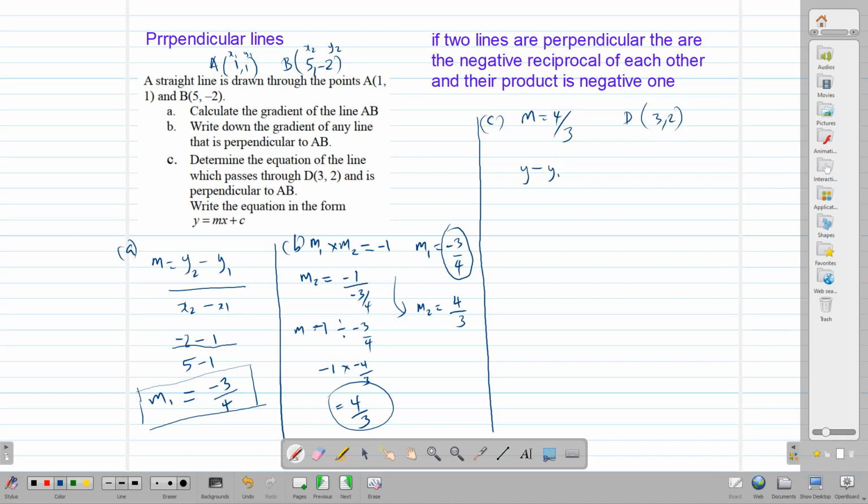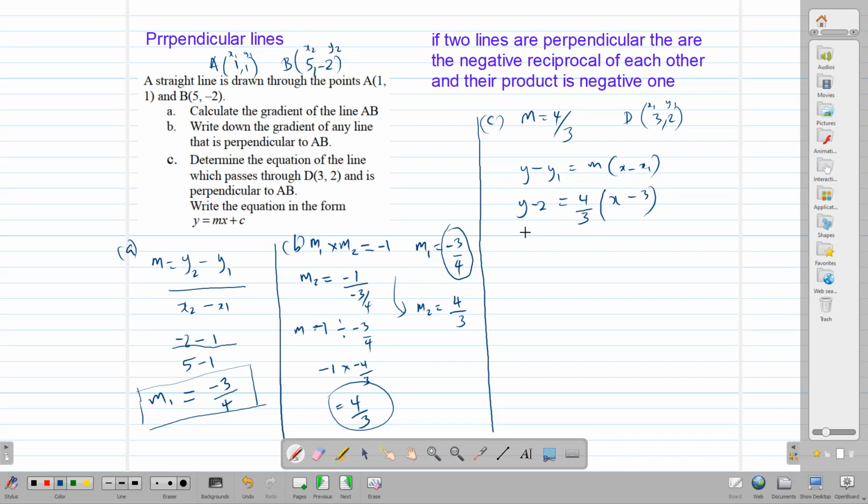y take away y1 is equal to m, x take away x1. x1 is 3, y1 is 2, so we say y take away 2 is equal to 4 over 3 times x take away 3.